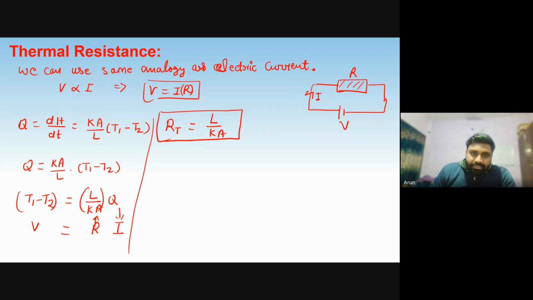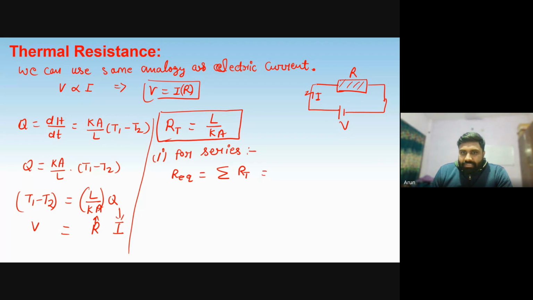Now for series, note it down. There are two combinations, series and parallel. For series, R equivalent is given by sigma R, which is R1 plus R2 plus R3.